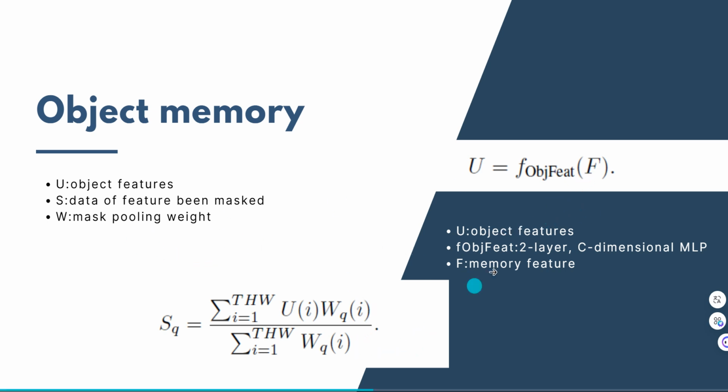U stands for the object feature that is also trainable from the memory feature. The formula here normalizes the feature by using the mask.